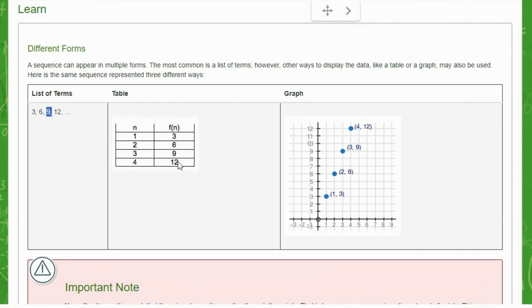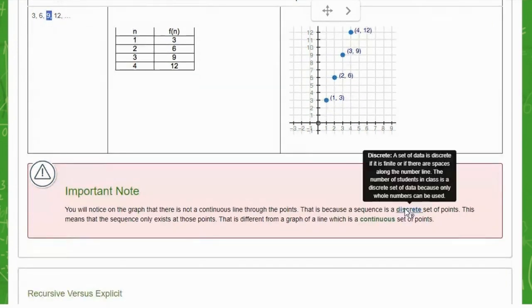The only thing that exists in our sequence is the first term, which is 3, and the second term 6, and the third term 9, fourth term 12. There are no values for this sequence in between those numbers. So this is called a discrete graph. Not because we're being hush-hush about it and don't want a lot of people to know, but mathematically it's spelled discrete.